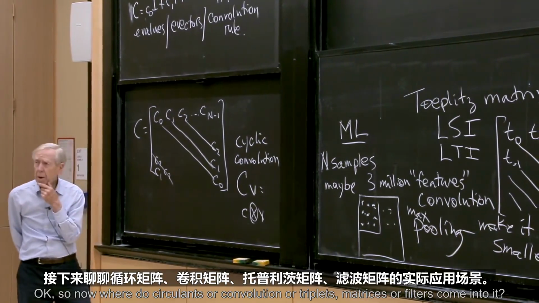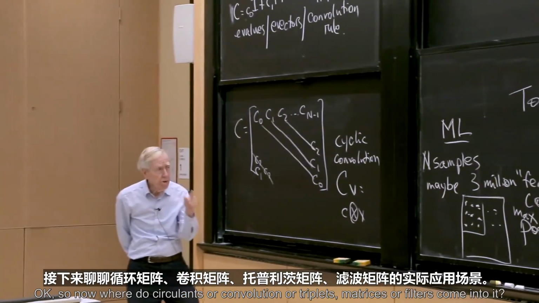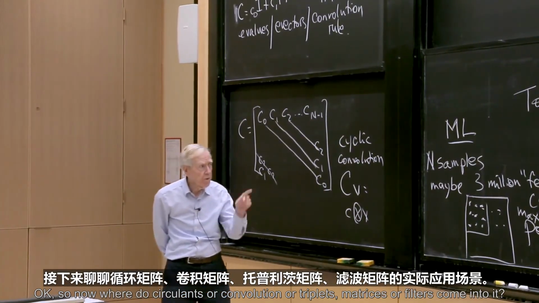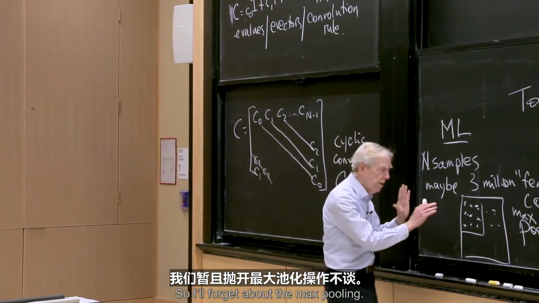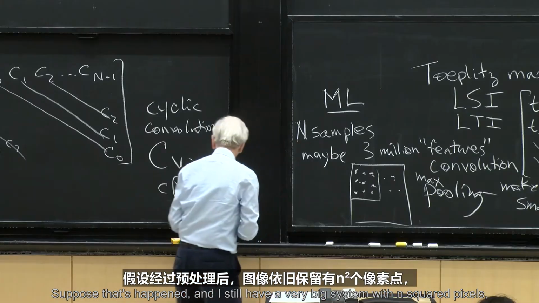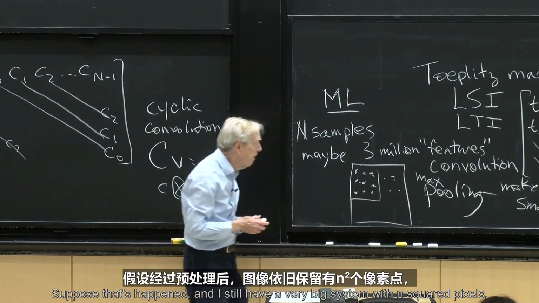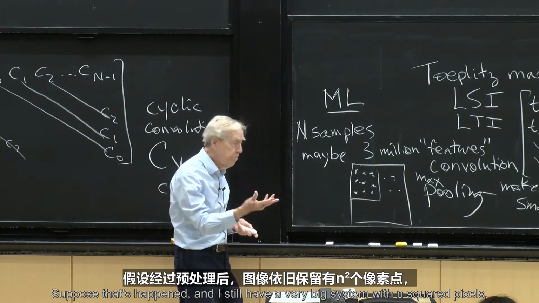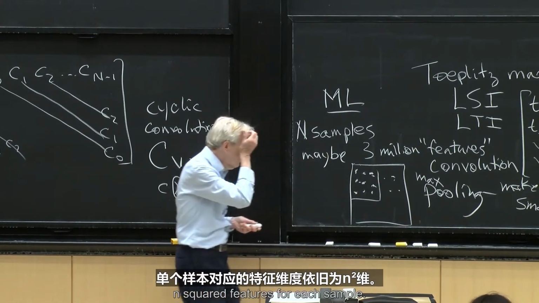Okay, so now where do circulants or convolution or Toeplitz matrices or filters come into it? I'll forget about the max pooling. Suppose that's happened and I still have a very big system with n squared pixels, n squared features for each sample.